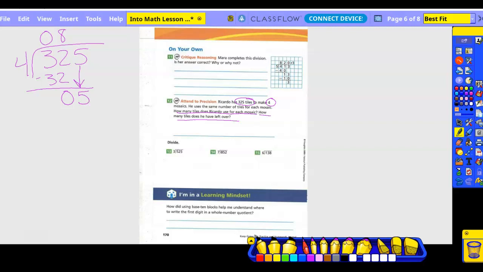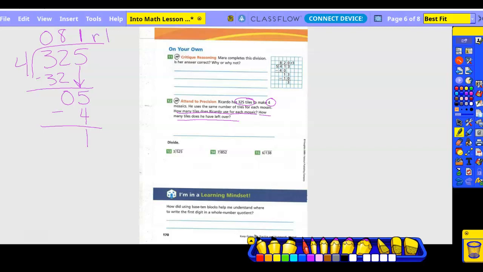How many times can 4 go into 5? 1 time. So I'm going to put the 1 up here, and then I'm going to multiply. 4 times 1 is 4. Then I subtract. 5 minus 4 is what? 1. So do I have any more to bring down? No. So that becomes my remainder.